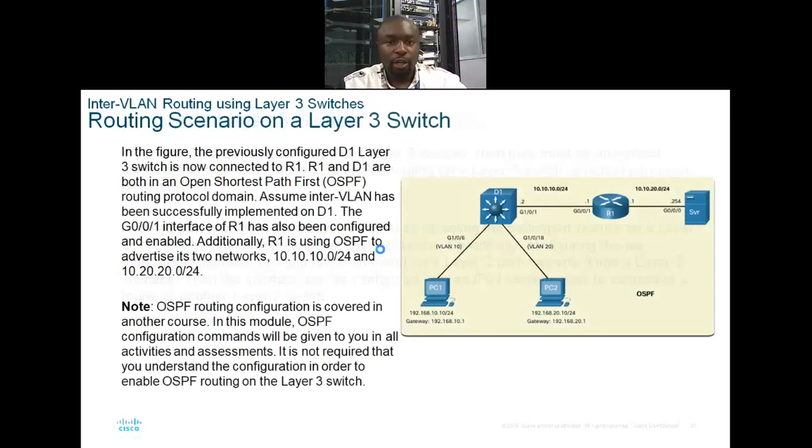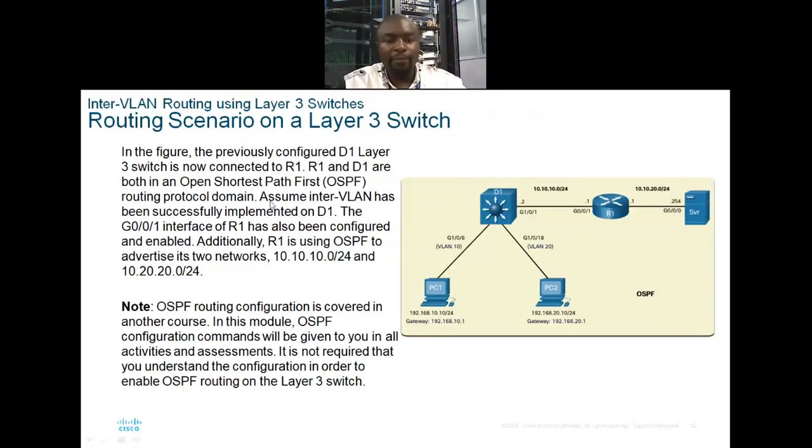So this is the scenario that we're looking at. In the figure, the previously configured multilayer switch, that's this guy D1, is now connected to router 1, and both are in an OSPF routing protocol domain.